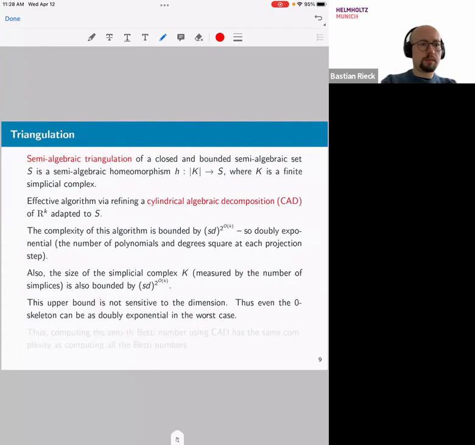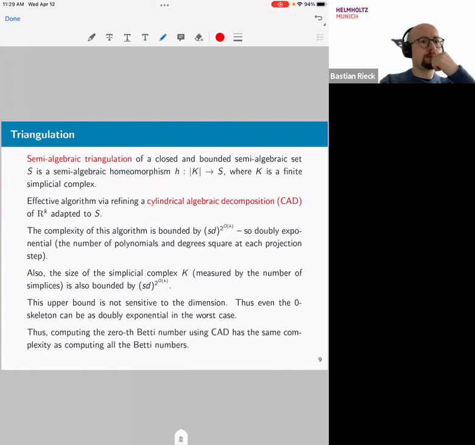So even if you are only interested in the zero-dimensional homology, which you'd be able to obtain by just looking at the one skeleton of the triangulation, the cylindrical decomposition would produce a simplicial complex whose one skeleton is already doubly exponential in size. That is, computing even the zeroth Betti number using a cylindrical decomposition has the same complexity as computing all the Betti numbers, at least in the worst case.